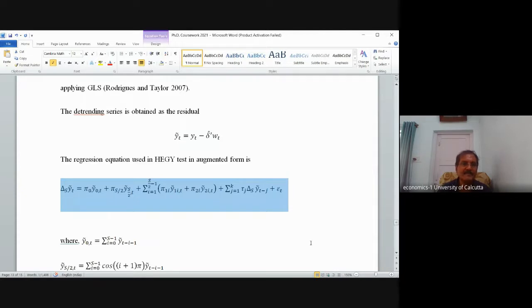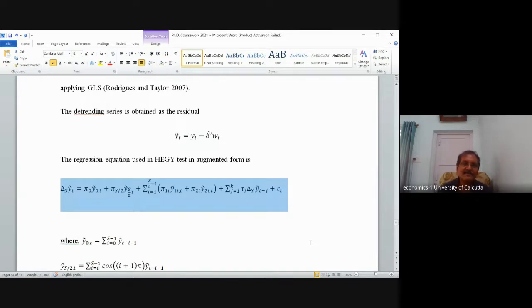For quarterly series s is equal to 4, এভাবে বসিয়ে যাও। So it becomes pi naught y tilde 0t plus pi 2 y tilde 2t plus, if we said s is equal to 4, so there is no need to take any sum.